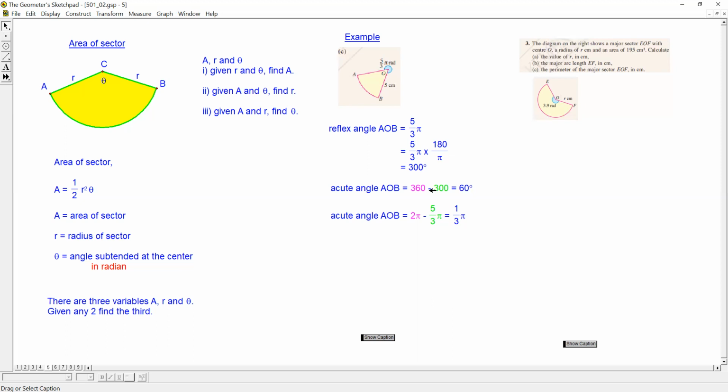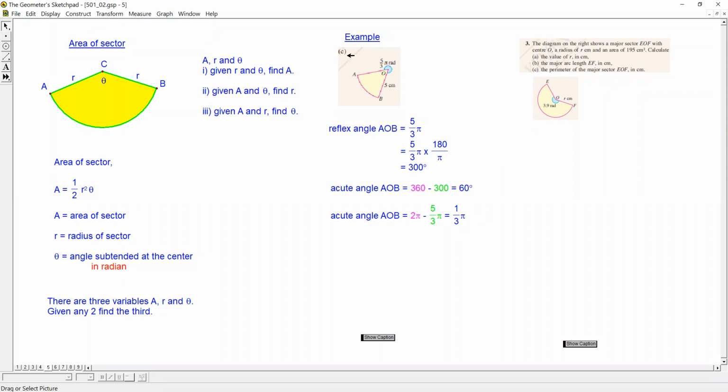But this is provided the angle given to you is in degrees. If it is given in degrees, then you can use degree minus degree and you get the angle that you want in terms of degrees.